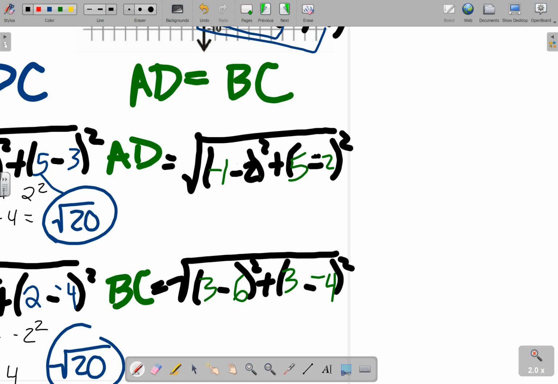All right, now we could do our math here. And this is negative 3 squared. That's going to be 7 squared. That's going to be root 58.